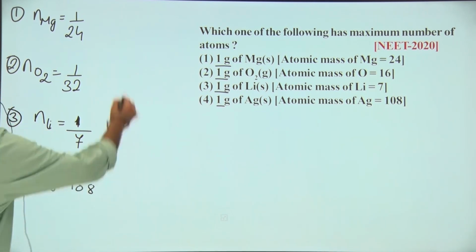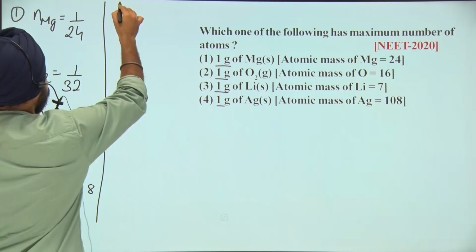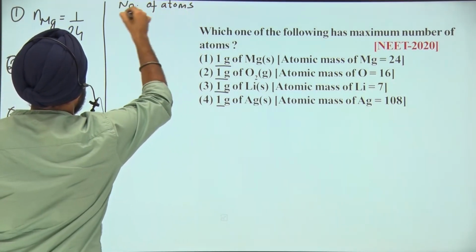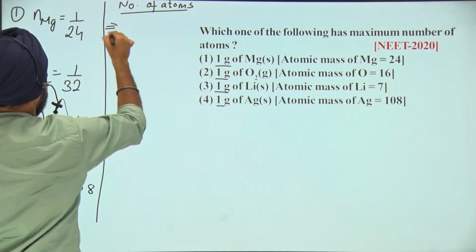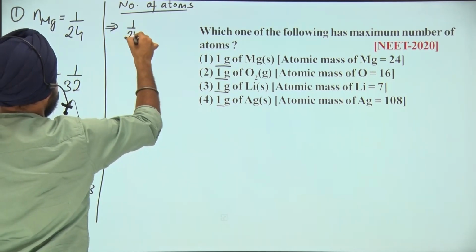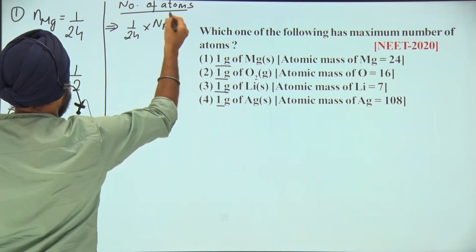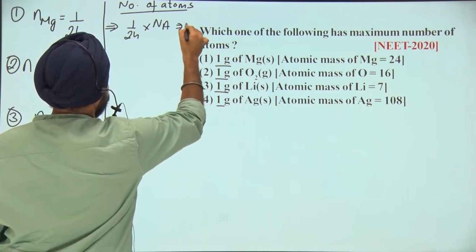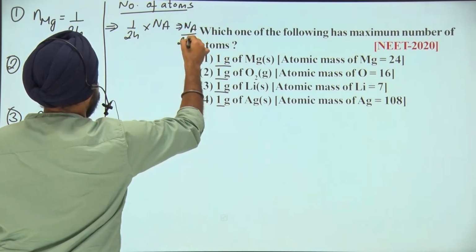Now students, we have calculated the moles. We can calculate the number of atoms easily out of it. So number of atoms will be equal to, in this particular case, moles into Na into atomicity, and atomicity is 1 over here. So this will be Na by 24.